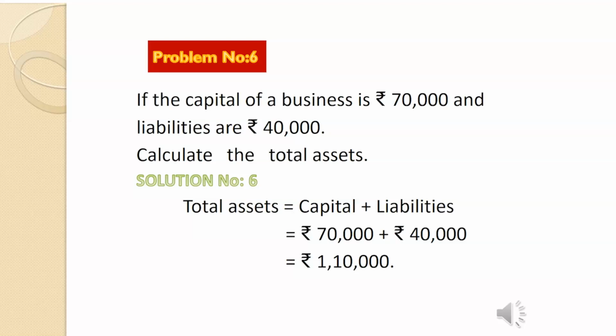Capital is rupees 70,000, liabilities is rupees 40,000, so 70,000 plus 40,000 is 1,10,000. So the total assets is rupees 1,10,000. Okay.